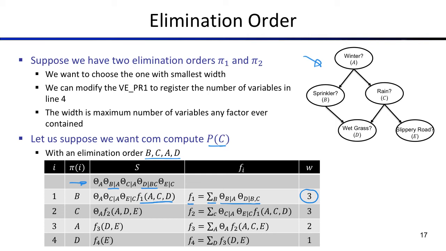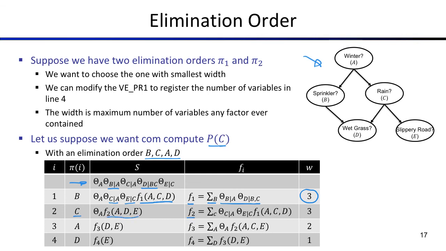Now we're going to eliminate the variable C. We take all the factors that mention variable C. They're going to be these, and also the factor F1. We multiply all of them together and create a new factor F2. So the factor F2 will mention variables A, D, and E, and this is what we did, right?